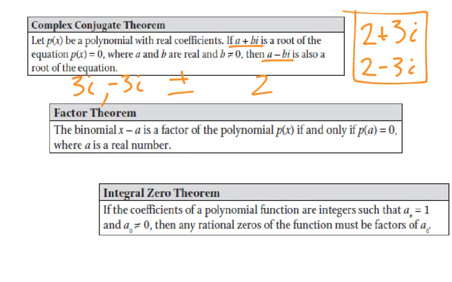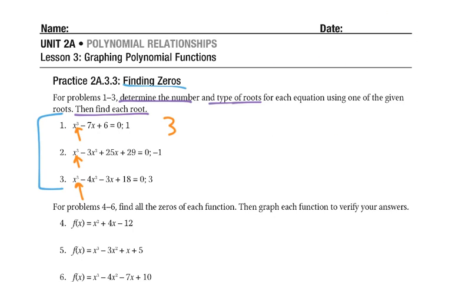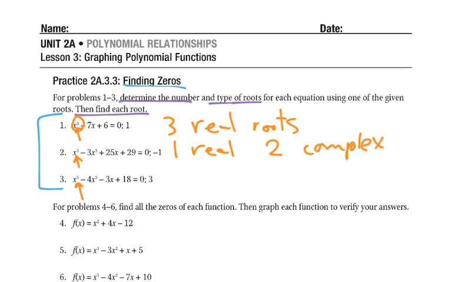So looking back here with 3, I could have 3 real zeros, or I could have 1 real zero and 2 complex. I could never have 2 real and 1 complex. You always have to have 2 or 4 or 6 complex.